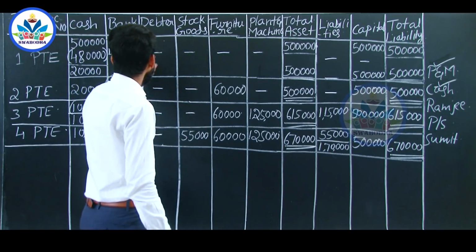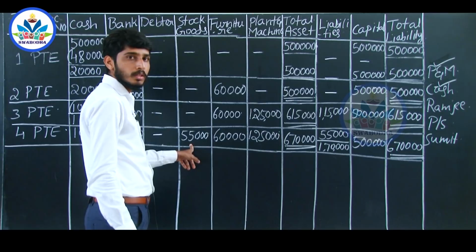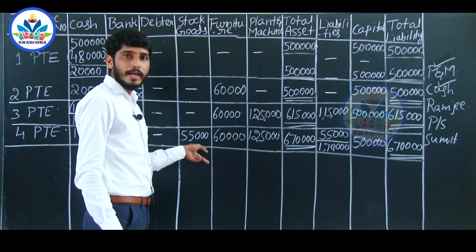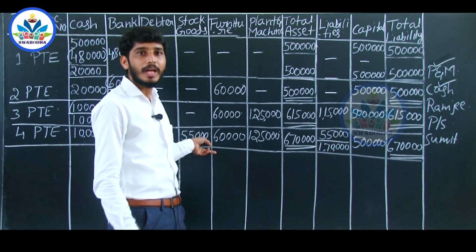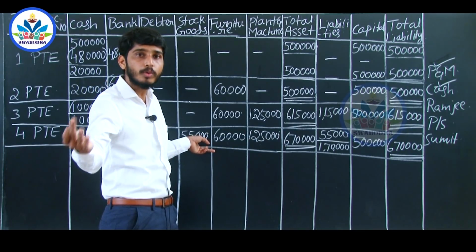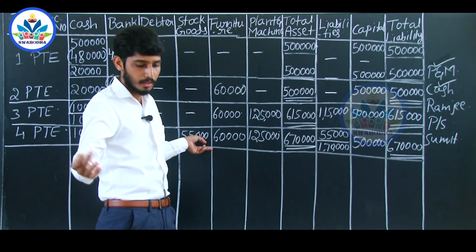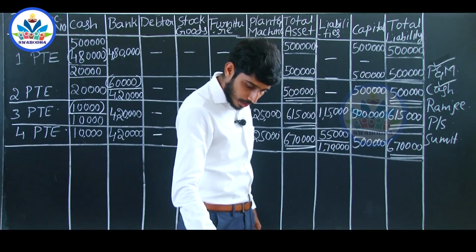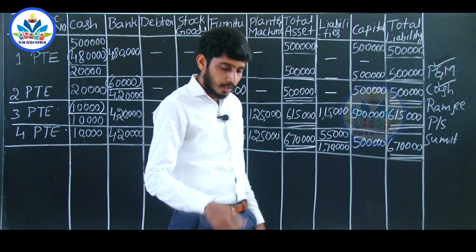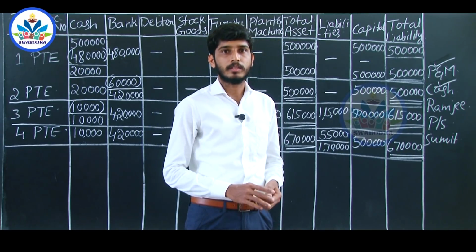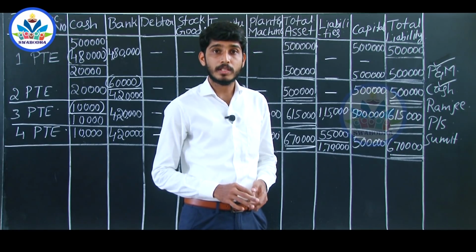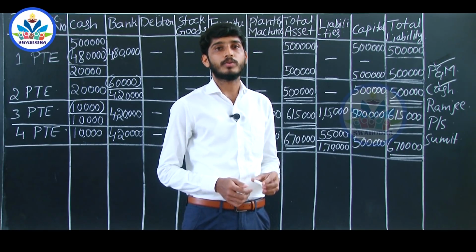So, out of the goods, the sales value has to be deducted. To that extent, goods will go out from the business organization. The value of goods sold is 35,000, which is costing rupees 25,000.